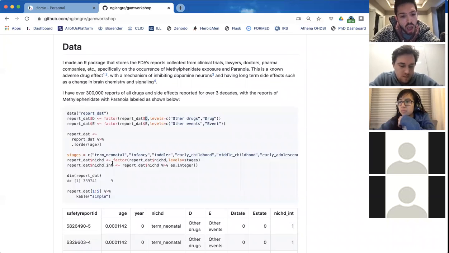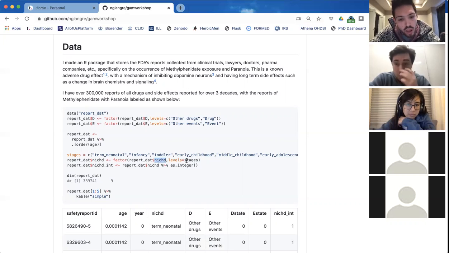I also factorize the child development stage and label it as NICHD, because the NICHD at the NIH uses these child stages primarily in their clinical trial regulations.